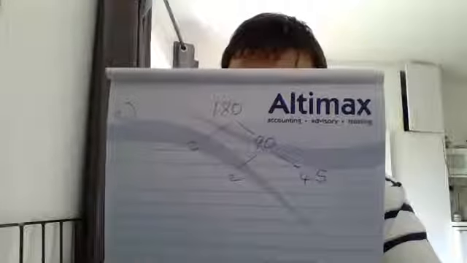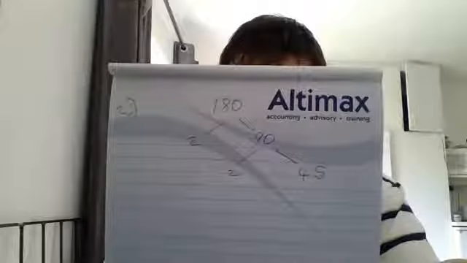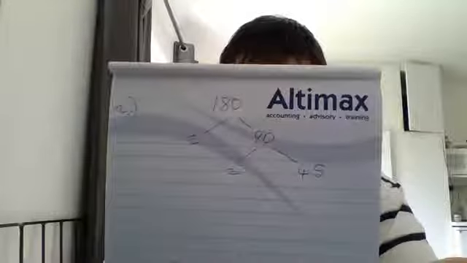Can you say 45 divided by 2? No, you can't. So you say 45 divided by 3.